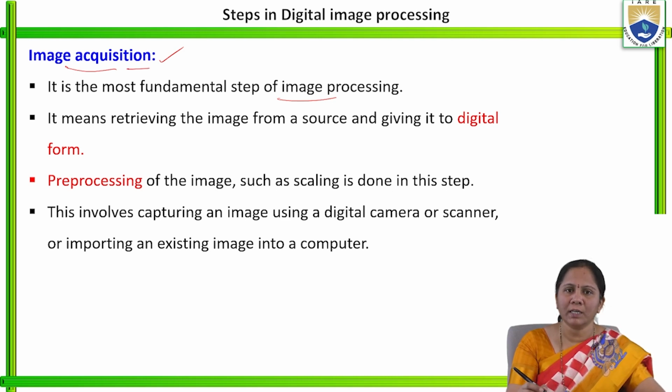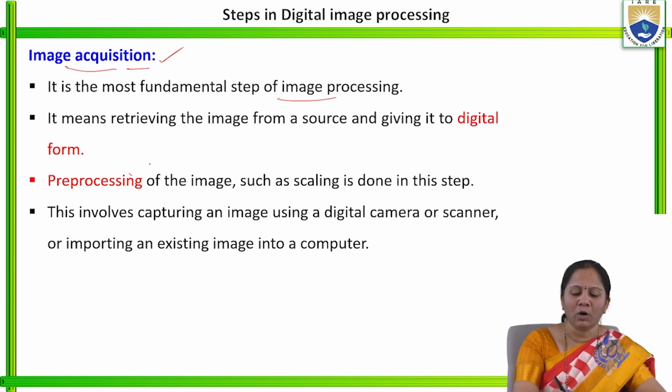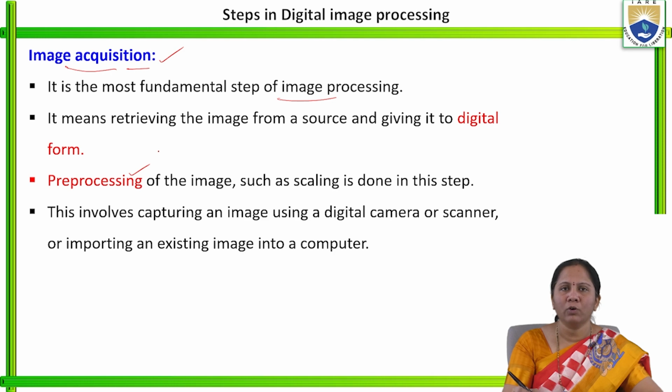Because in image acquisition, one important operation is done on the image, which is called pre-processing. What happens if pre-processing is applied? Some operations like scaling and sharpening will be done on the image, so that the noise will be reduced, the image will get clean, and the quality of the image will be improved.